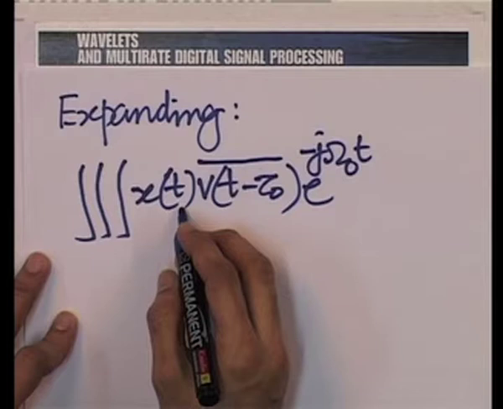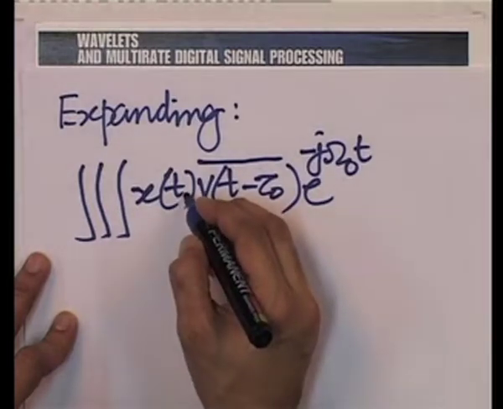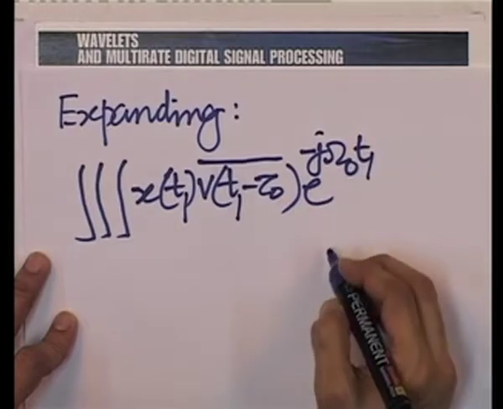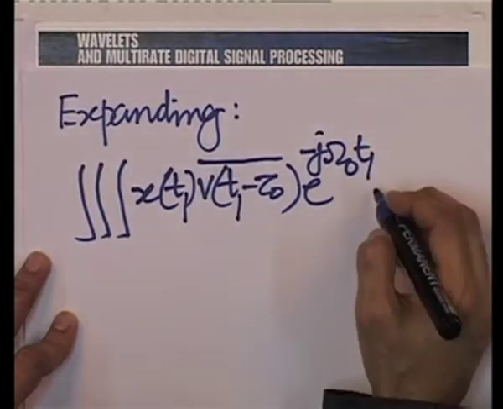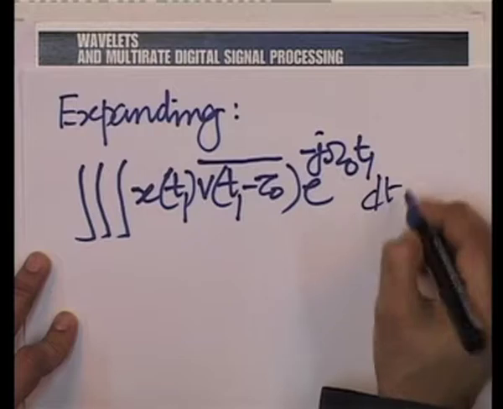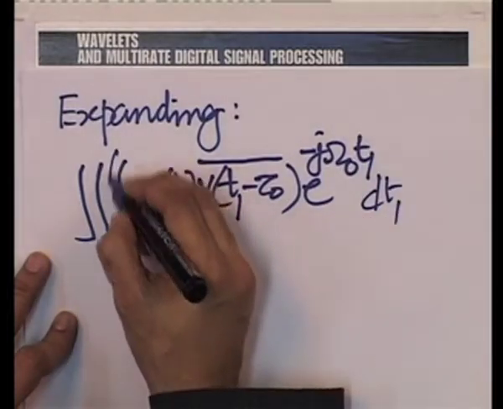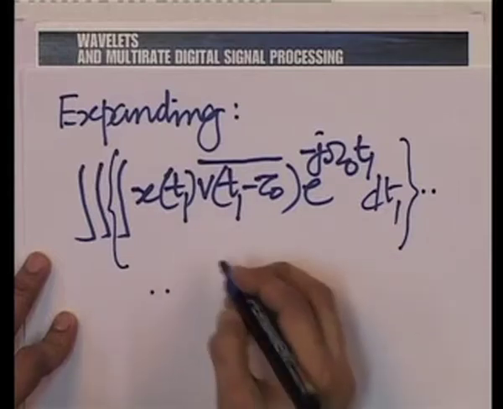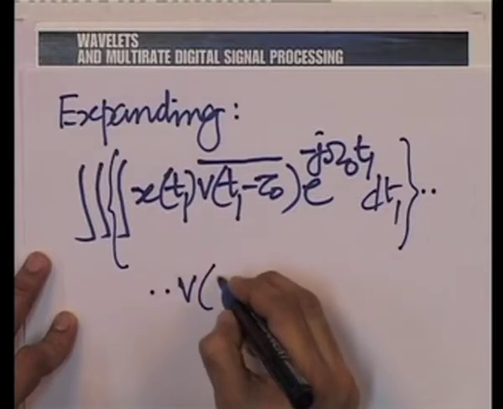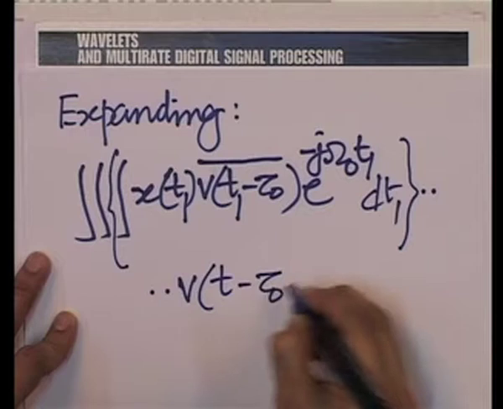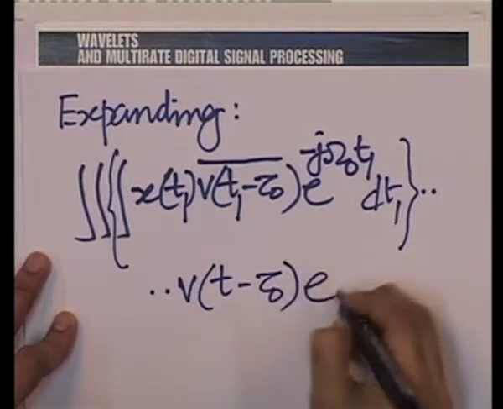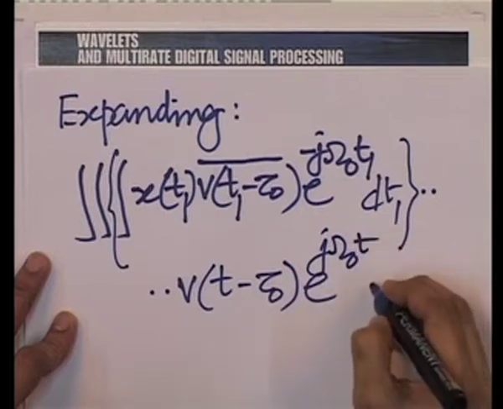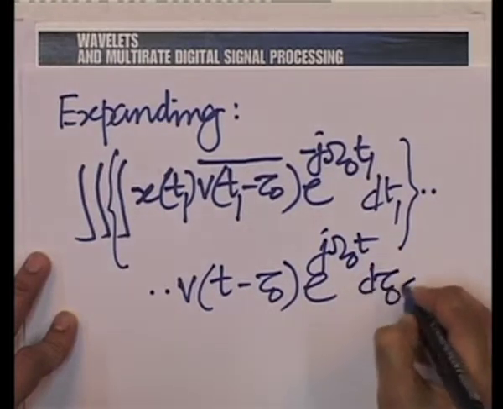And keeping in mind that we have a t outside, we should give a different name to this variable of integration here. So, this is first an integral with respect to t1, and then this whole thing is multiplied by Vt minus t0 e raised to the power j omega naught t d tau naught d omega naught.